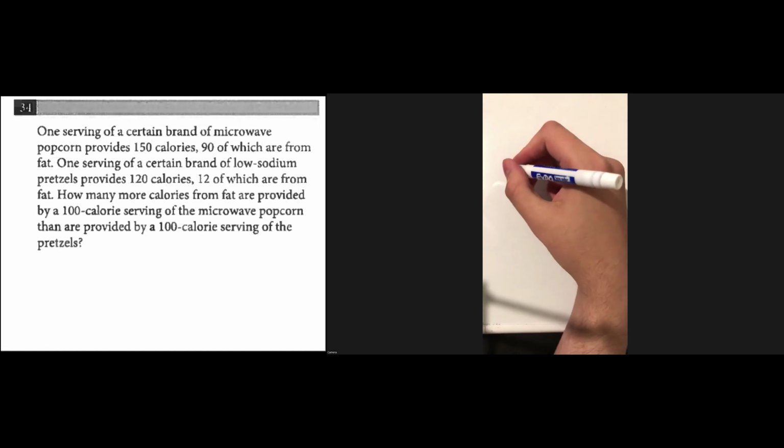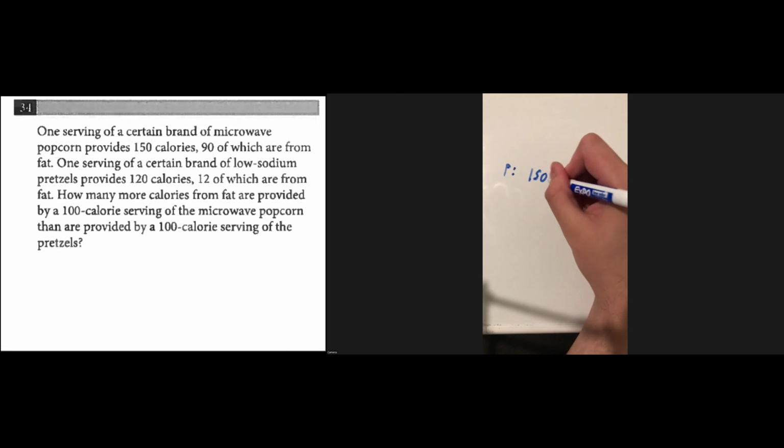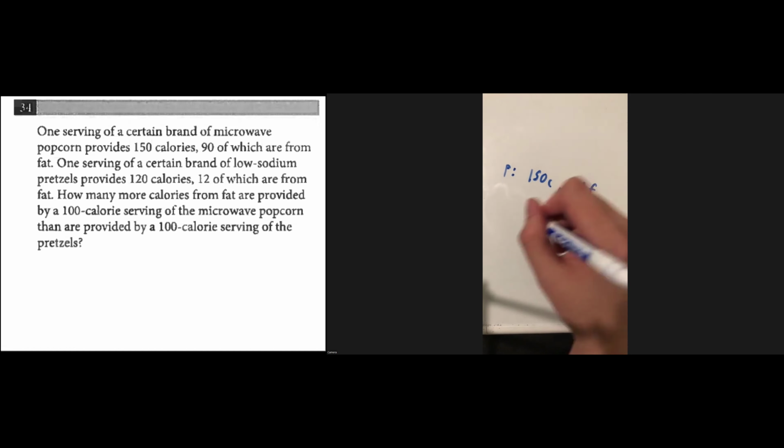Okay, so for this question, we're given for popcorn, it has 150 calories, 90 are from fat, so 150 calories and 90 from fat.